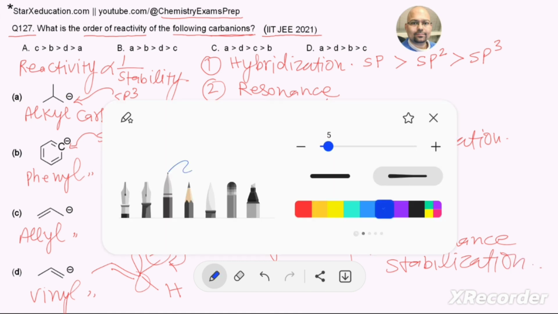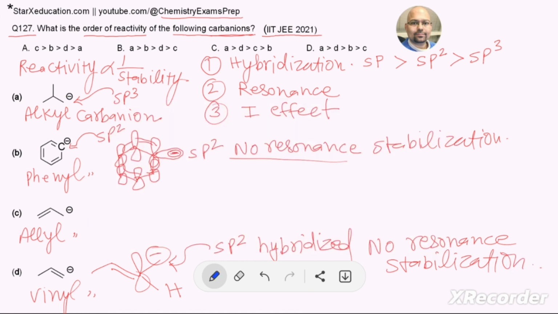However, in case of allyl carbanion, there is resonance stabilization. And the reason for that is because the negative charge is in a p orbital, so it can take part in resonance, and you can draw the resonance structure.